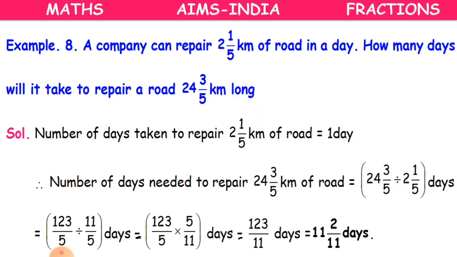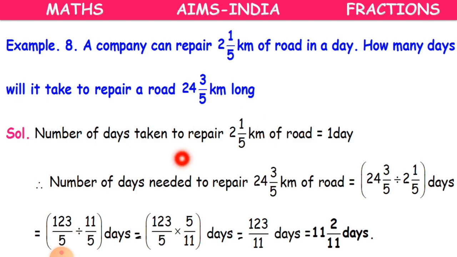The total length of the road is 24 3 by 5, and in one day we can complete only 2 1 by 5 kilometers of the road. So how many days will it take us to complete the whole road?